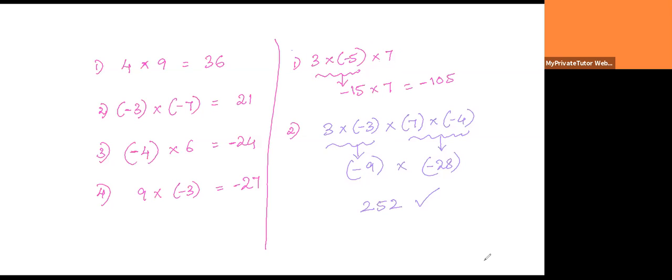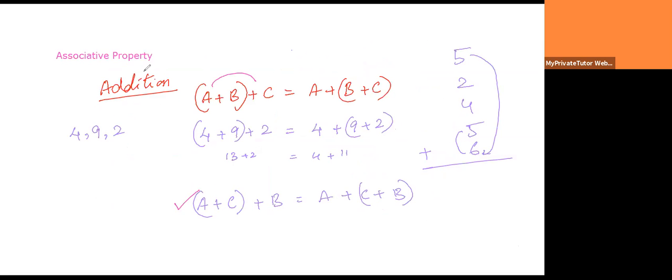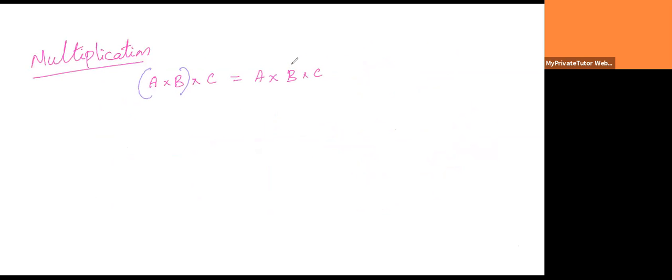So without knowing it, we tried, right? We haven't realized that we used the associative property here. So that's the basic thing. So a times b you can do first, or else b times c. And as you asked, we can do a times c as well. But generally speaking, we'll go with this.